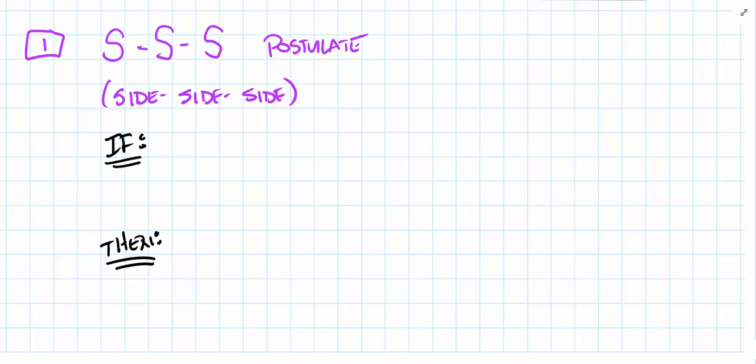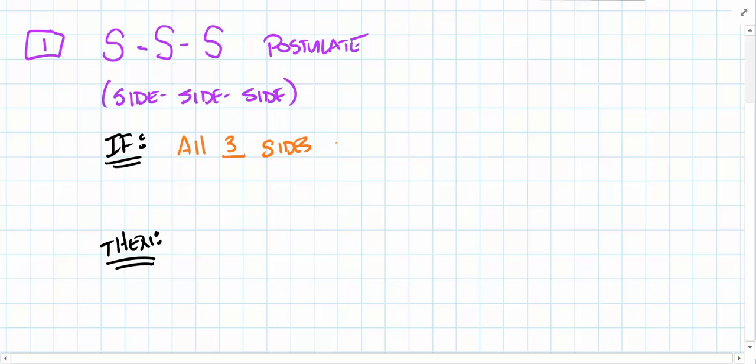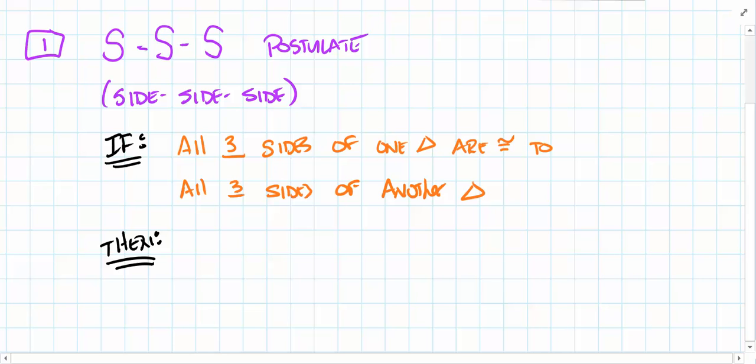Here's what it says. If all 3 sides of one triangle are congruent to all 3 sides of another triangle, then what do you think you can say?